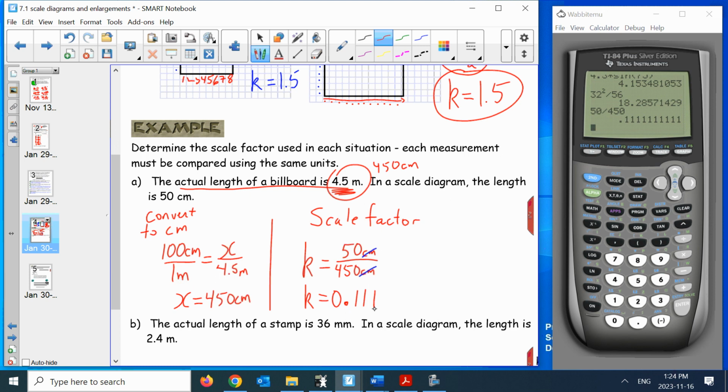Okay. That means that this one is smaller. And you can tell right from there. The billboard is huge. 450 centimeters, 4.5 meters. You guys know how big a meter stick is, right? And then on the drawing is, how big is 4.5? 1, 2, 3, 4.